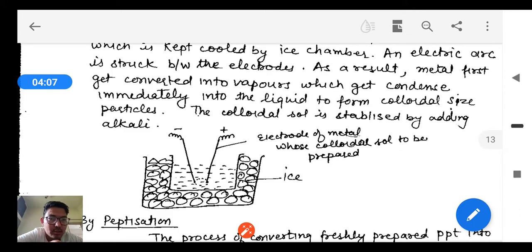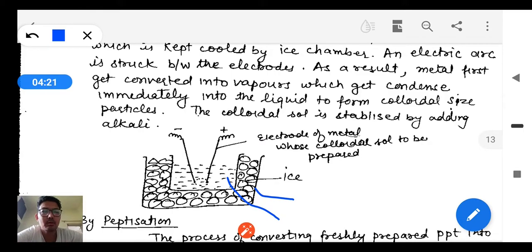You see, there are two buckets. Okay, in the outer bucket or container the ice is present, and in the inner container a certain solvent is present. Now the metal whose colloidal solution you are supposed to prepare is taken as electrode.